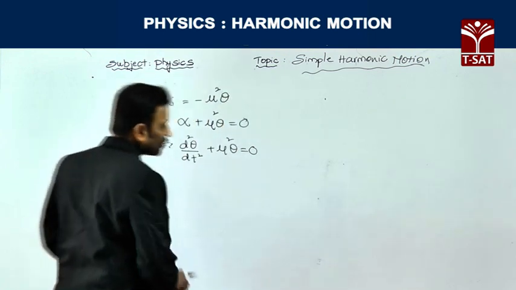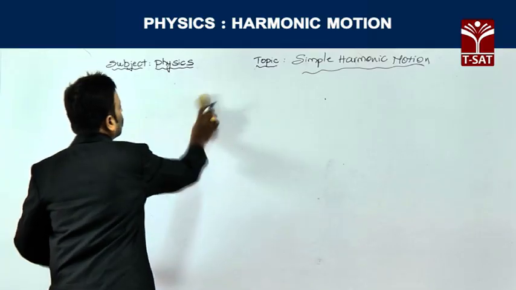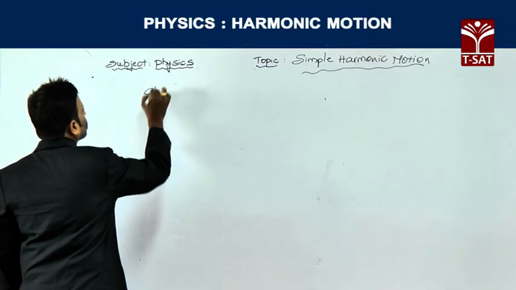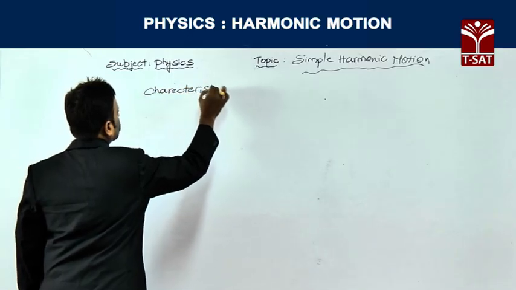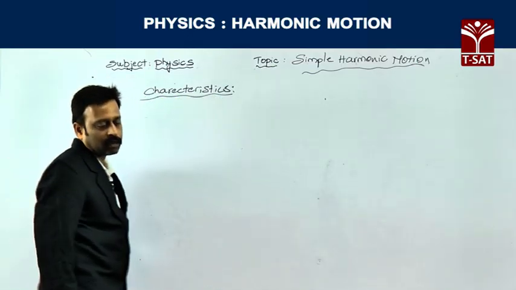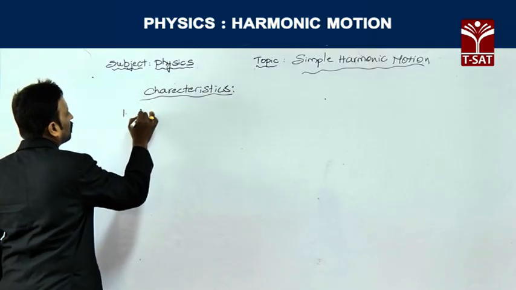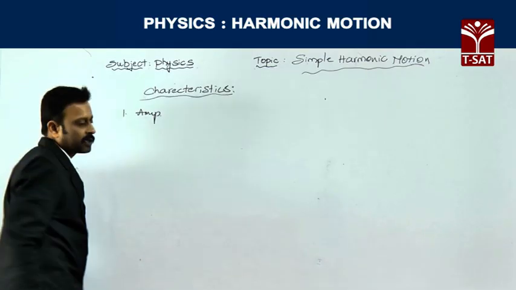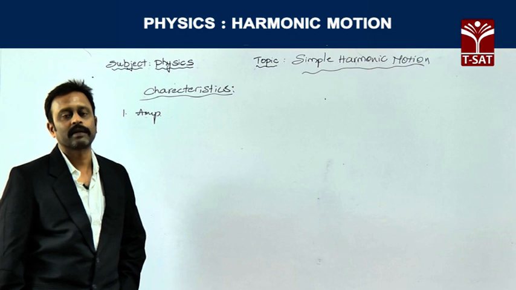Next, the characteristic properties of a body executing simple harmonic motion. First, amplitude. Amplitude is defined as the maximum displacement of a particle about its mean position.